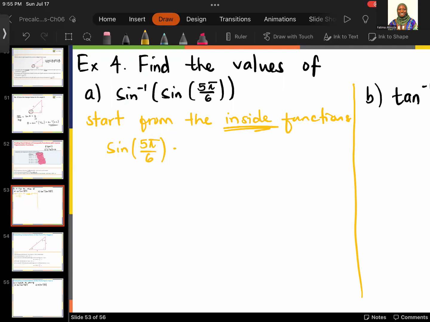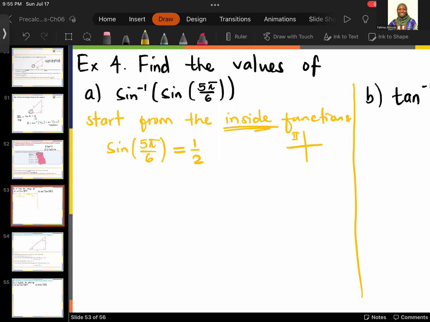Now, if we look at our unit circle, sine of 5π/6 would be 1/2. And why? That's because 5π/6 is in the second quadrant, and in the second quadrant, sine is positive.